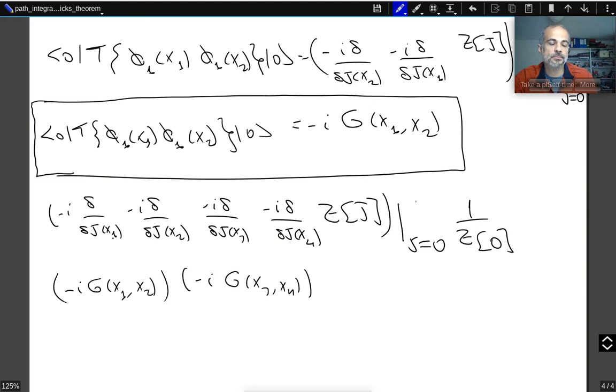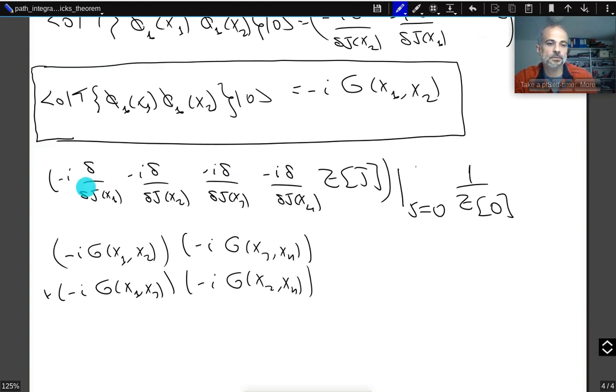Or it might be possible that this derivative brings down the factor from the exponent, but this one cancels it. It cancels the J in that factor. In such a case, we will get an additional contribution, x1 and x3, because we are pairing this one and this one, and the other two are also paired, x2, x4.